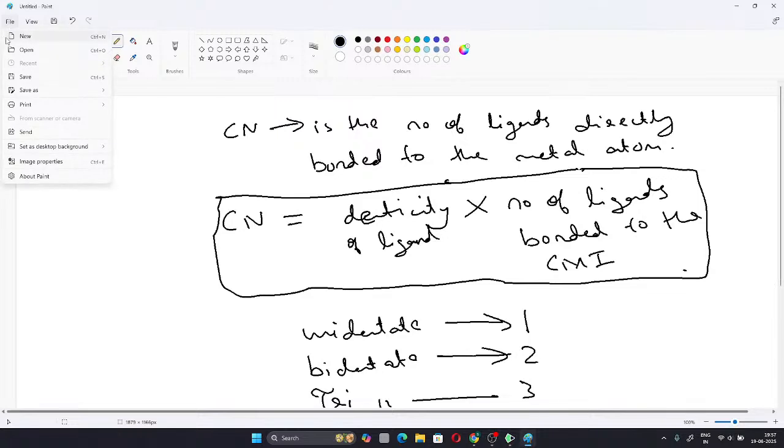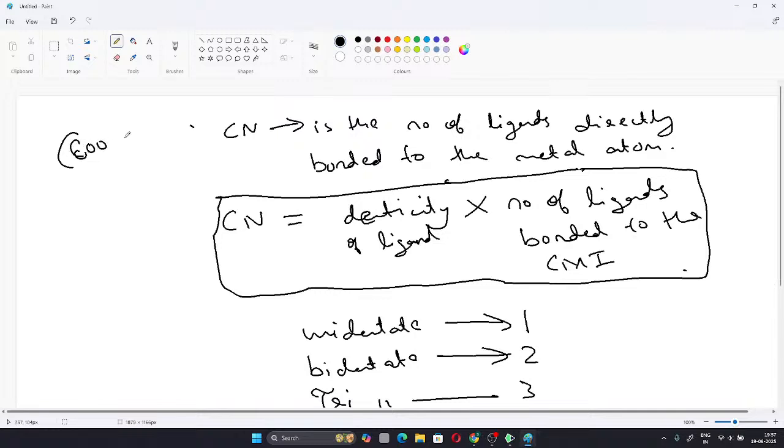This is how we find the coordination number, which is CN.